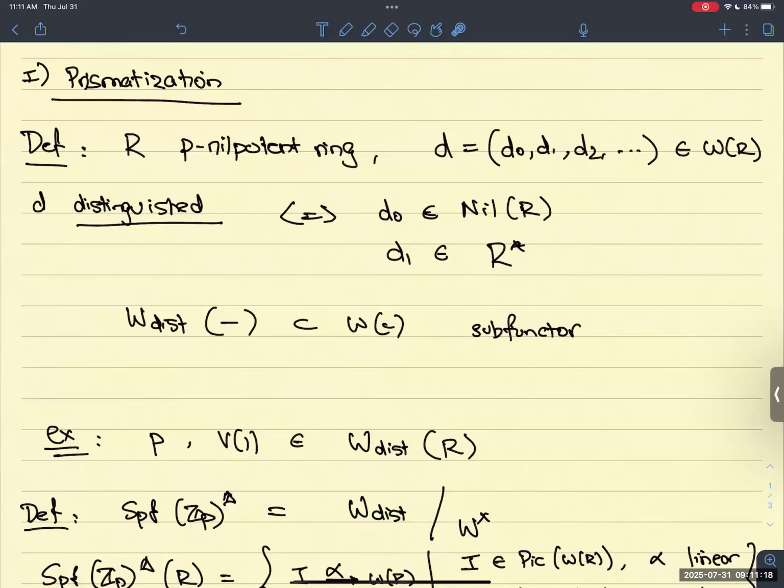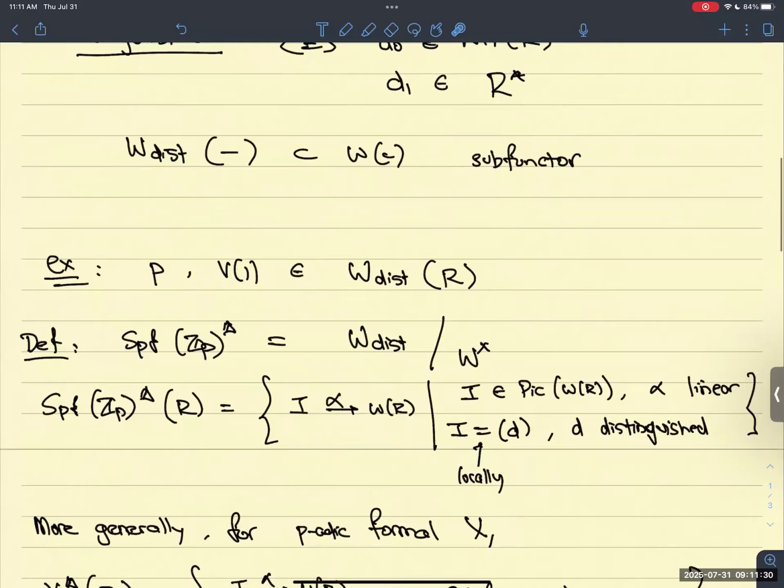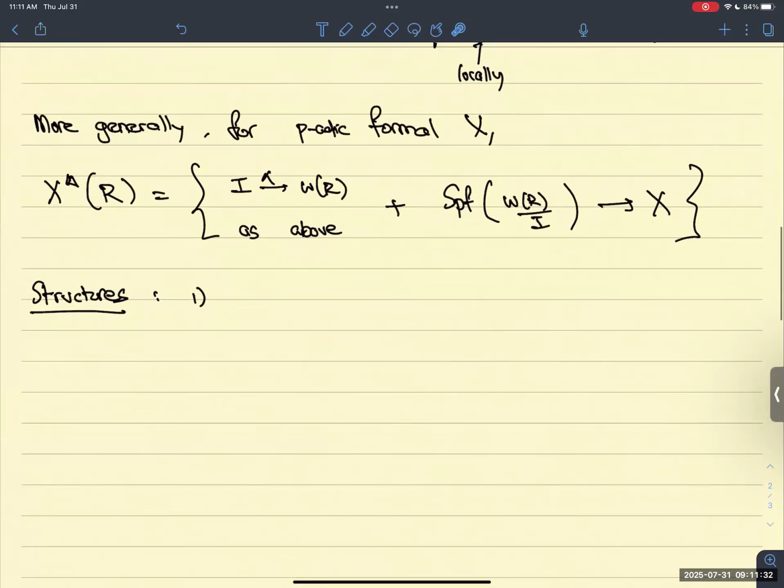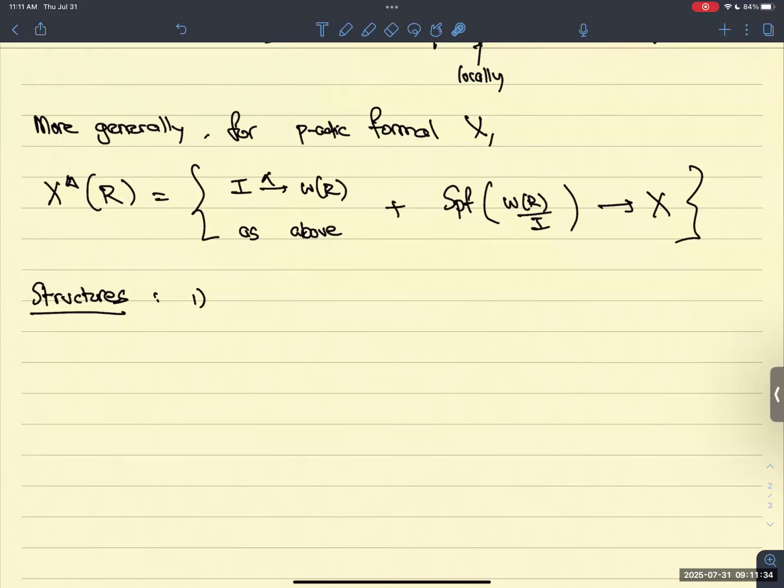So whenever you have an element of W of R like this, you can produce a new element of W of R, which is called the Frobenius. When R has characteristic p, that's just the same as raising each element to the pth power separately. But when R does not have characteristic p, it's given by a more complicated formula. And it's not too hard to convince yourself that applying Frobenius to a distinguished element is distinguished. And so the consequence is that one gets an endomorphism of X prism.